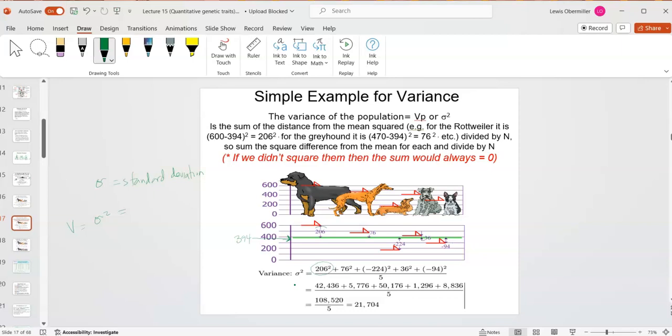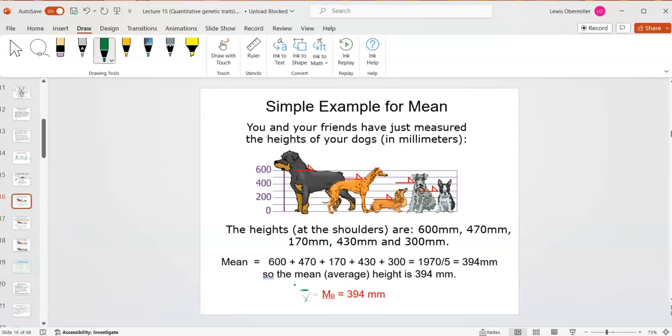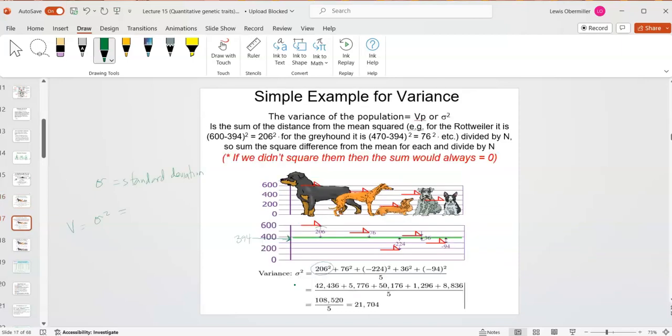So this dog here is, what do we say, 600? So that dog is at 600. And in order to figure out how far it is from the mean, we take 600 and subtract 394. And we get 206. That's where this number came from, and we square it.